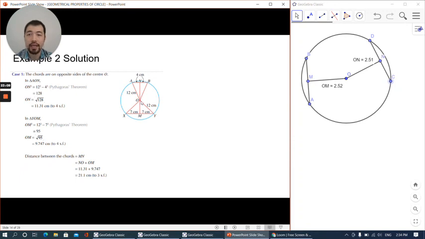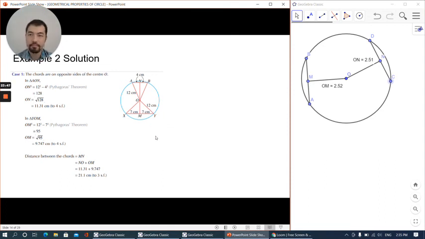And then in the triangle YON, we can get OM, which equals 9.747 using Pythagoras theorem. So we want to find the distance between the chords, MN. We need to add them up, right? And it comes to 21.1 centimeters.